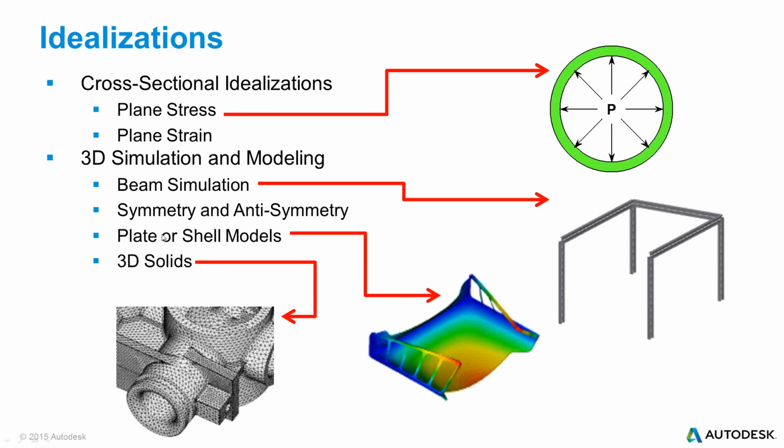Similarly, in the 3D world, if I have a structure that looks like beams, a radio tower, an oil derrick for instance, I can do a beam simulation. I don't need to go out and model every little detail of it. A beam simulation may be perfectly good. Symmetry and anti-symmetry: if it's loaded symmetrically and the structure is symmetric, model half of it. It'll run a lot faster and save you a lot of time.